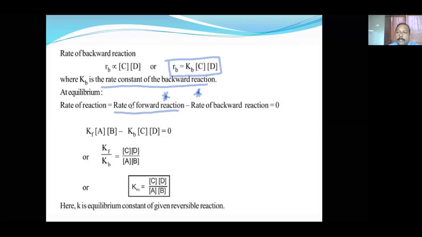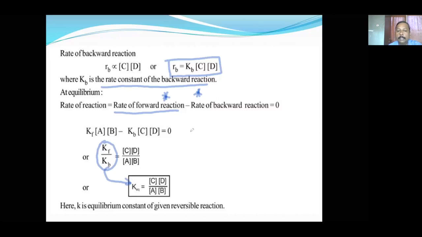But at equilibrium, what we assumed is both are the same. Therefore, the difference must be zero. So Kf upon Kb is equal to C to the power of C into D, upon A into B. Constant by constant gives you a new constant.